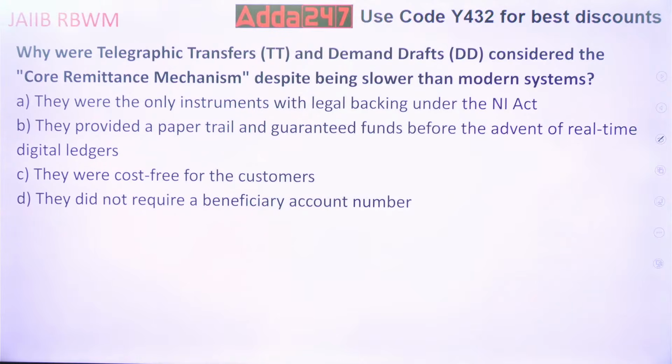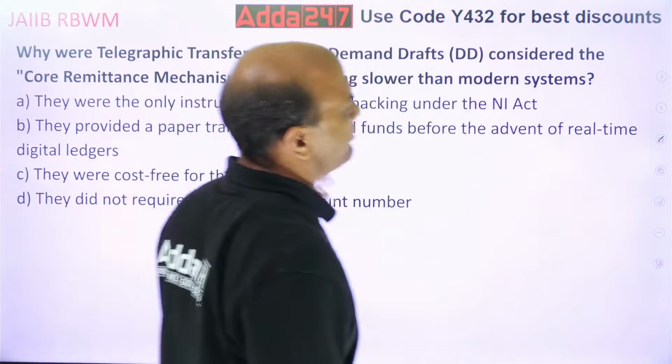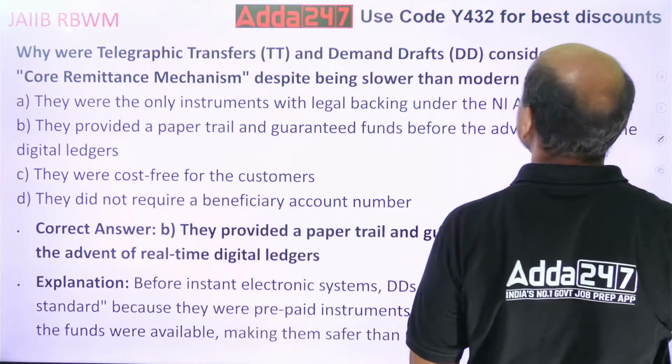They provided a paper trail and guaranteed funds. Before the advent of real-time digital ledgers, they were cost-free for the customers. They did not require the beneficiary account number. So, what is the answer? This is a difficult one. The answer will be between A and B. How many of you are saying A or B?